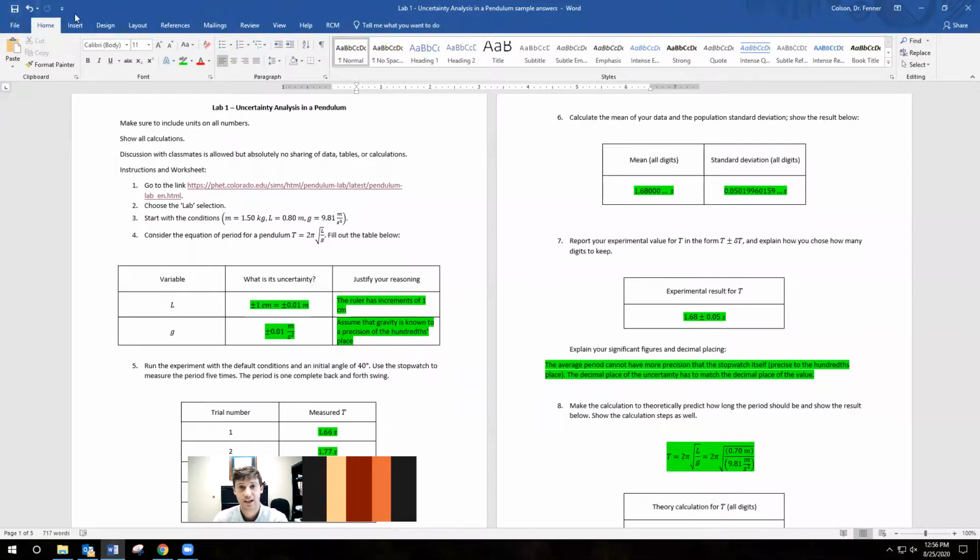But that's the idea that today's lab is on. It's using that link and filling in this sort of worksheet, so to speak.